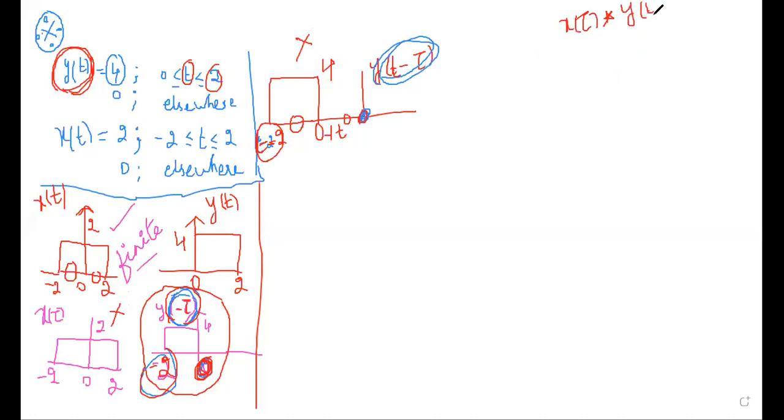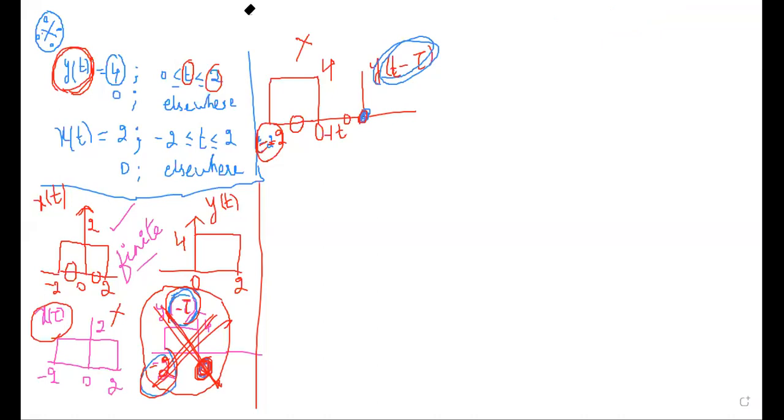In this problem, I am skipping the second diagram, y of minus tau. This y of minus tau is an intermediate diagram for me. Y of t minus tau is the final diagram. I am going to perform convolution of x of tau with y of t minus tau. Okay. So I think up to this, you are very much clear.